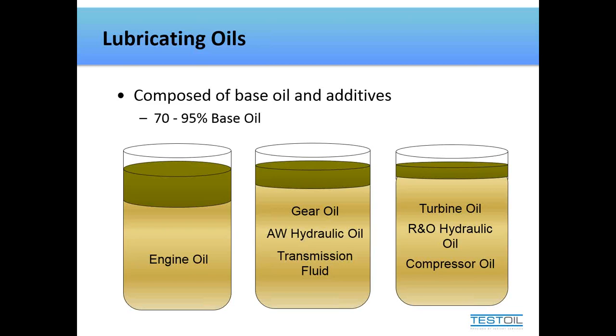Now, your turbine oils, your R&O hydraulic oils, and your compressor oils, you don't need a lot of phosphorus, which is used for extreme pressure issues or extreme pressure environments. You don't need that. You don't really need as many cleaners because these environments don't really get dirty. So it's only a small amount of additives that you will find in, say, turbine oils and these R&O hydraulics.